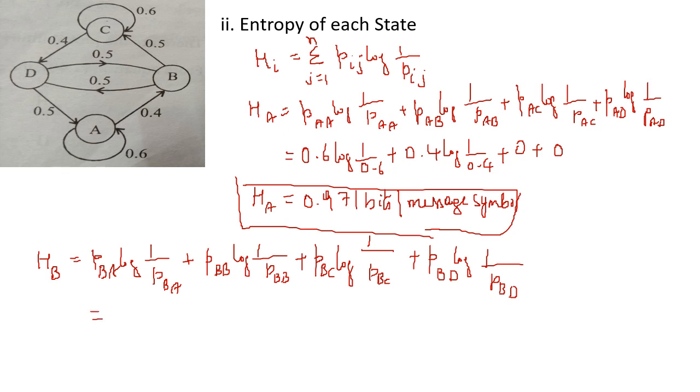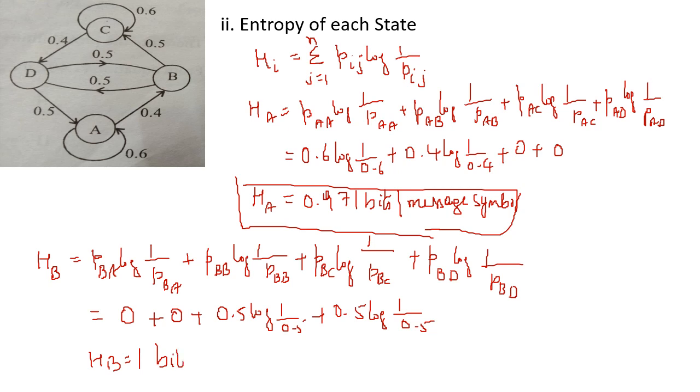So from B to A there is no transitional probability, so it is 0. From B to B there is no probability, 0. Then from B to C it is 0.5 log 1 by 0.5 plus from B to D it is again 0.5, so 0.5 into log 1 by 0.5. So we'll get HB equal to 1 bits per message symbol. This is the value for HB.